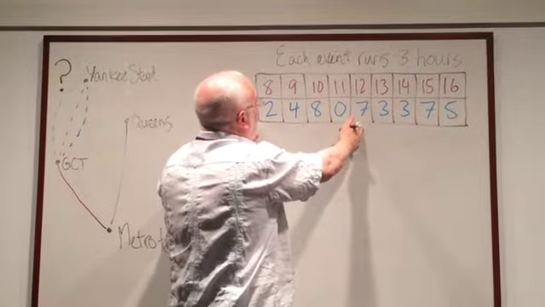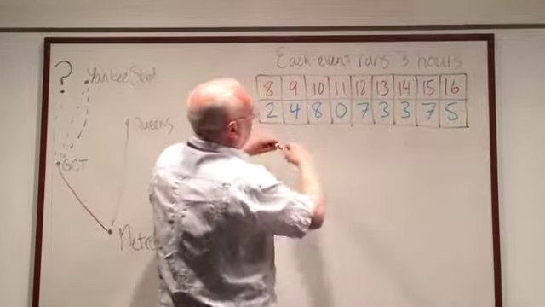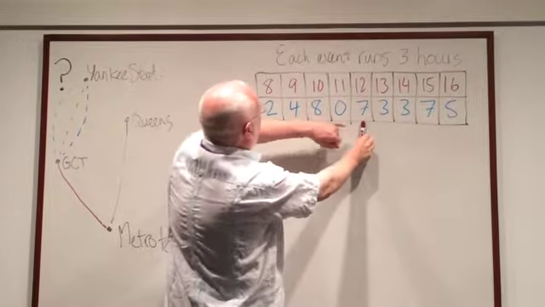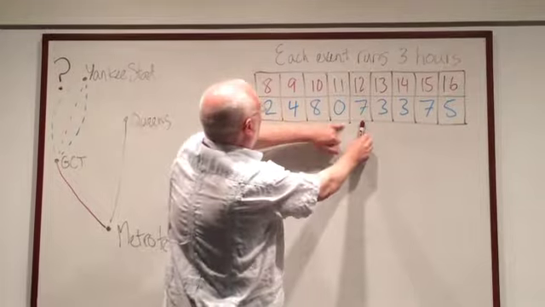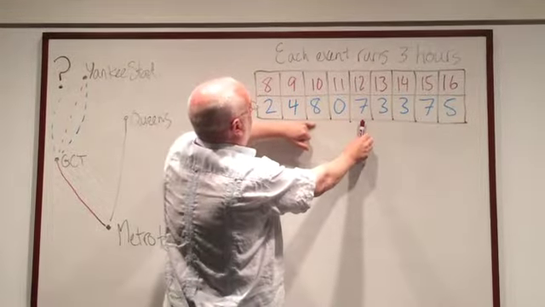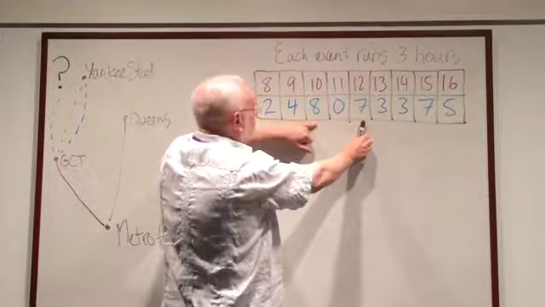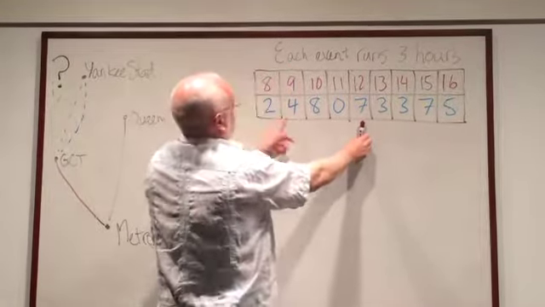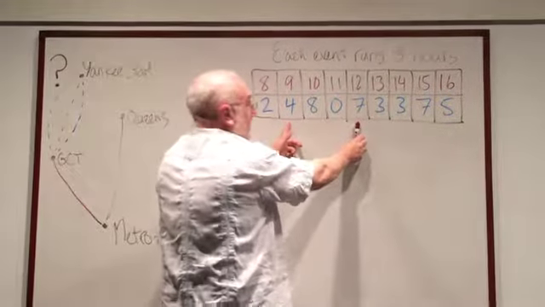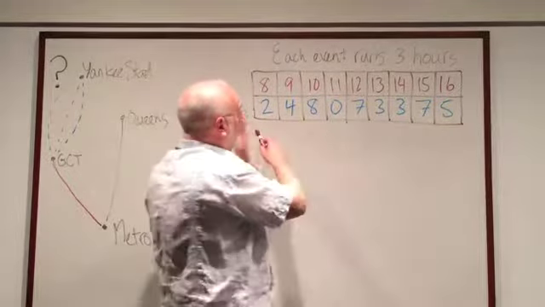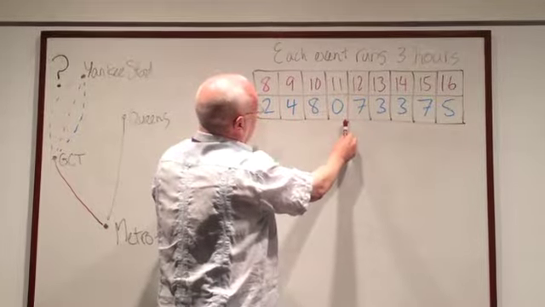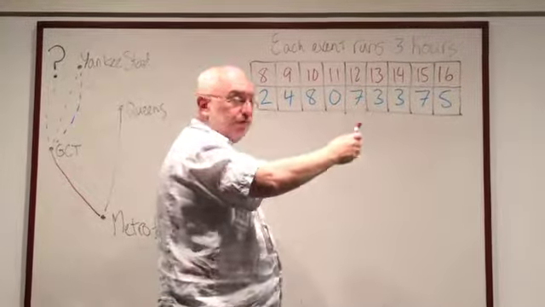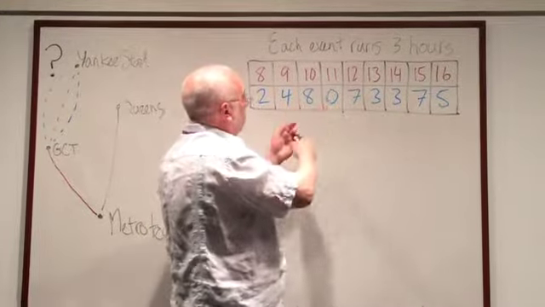Given that the events run 3 hours, we could choose the noon event, but then we have to forego the events that might have started in the 2 hours before the noon event. So the latest previous event we could schedule would be the 9 o'clock event. Or we could take the best scheduling we have up until 11 and forego the noon event. So this is our choice on the margin here.